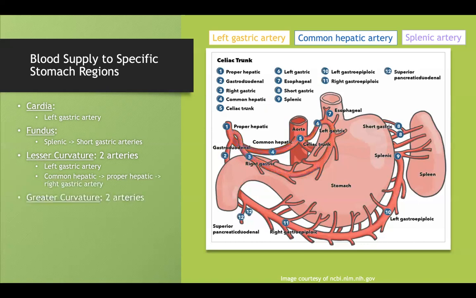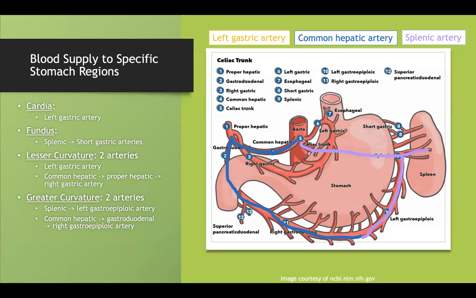The greater curvature can also be supplied by two different arteries. First, starting with the splenic artery, the left gastroepiploic artery, sometimes called the left gastroomental artery. And it can also be supplied through the common hepatic and the gastroduodenal artery, leading into the right gastroepiploic artery. Now, why is this clinically relevant?